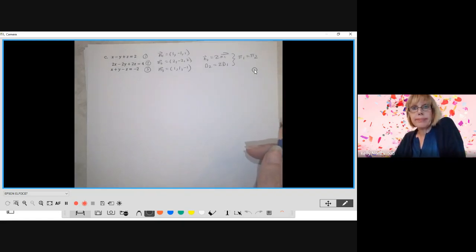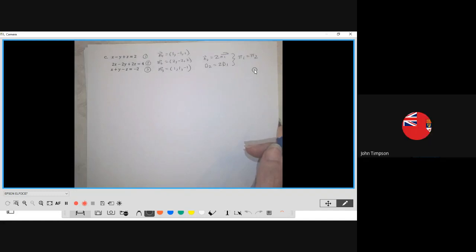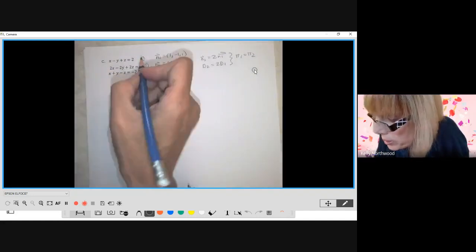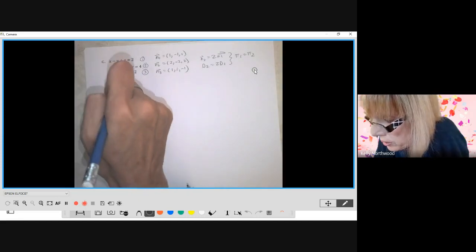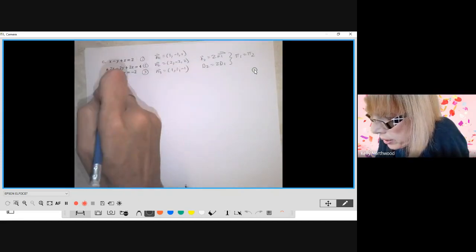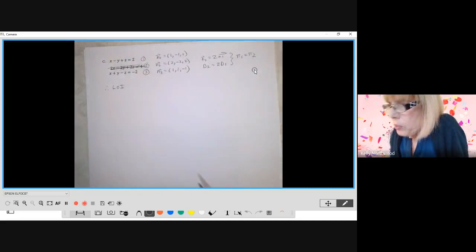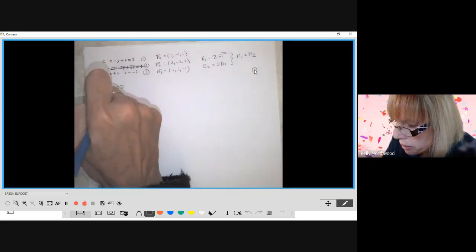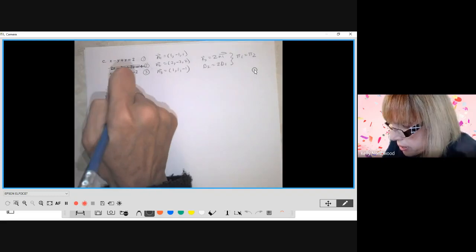Everybody agree with that analysis there? I accept that, yeah. Concur? Okay, so that means we definitely have a line of intersection, and we can cross this plane off and just have our two-plane system now and find that line. So we want to find the direction of the line of intersection.